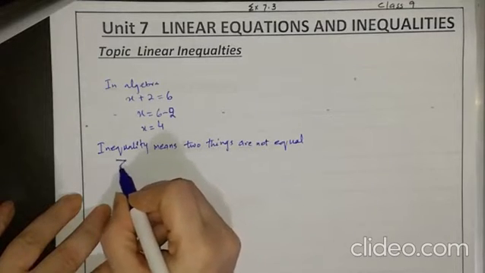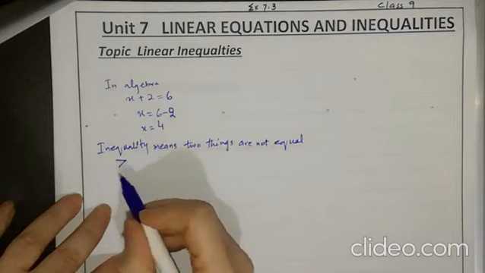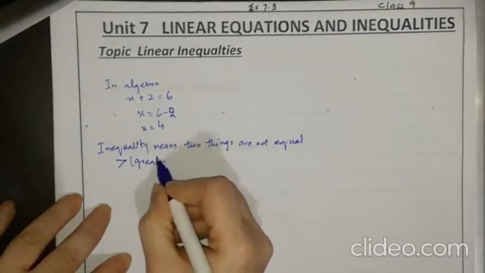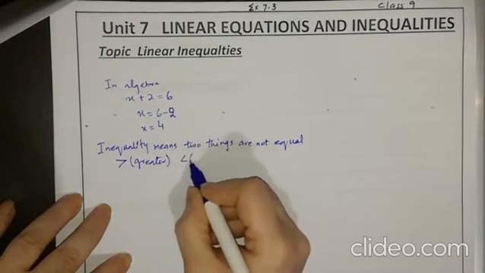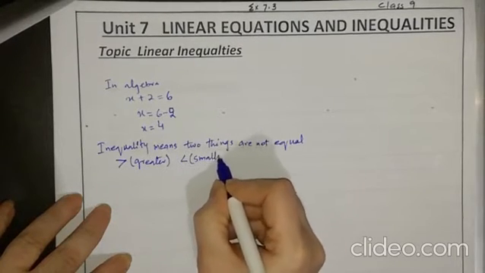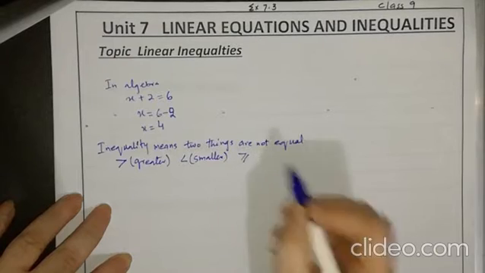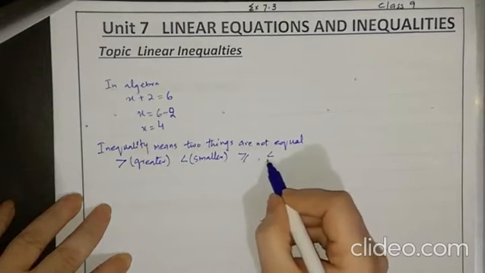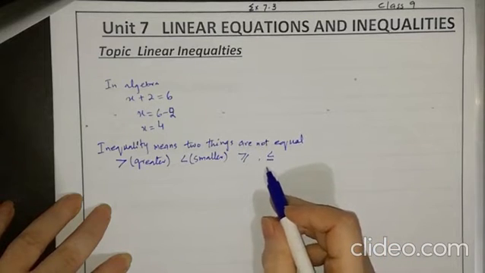So we use these symbols. This symbol is for greater, this symbol is for smaller, this symbol is for greater than or equal to, and this symbol is for smaller than or equal to.